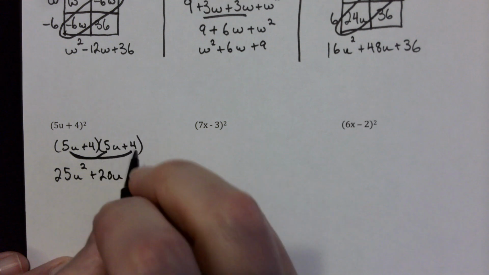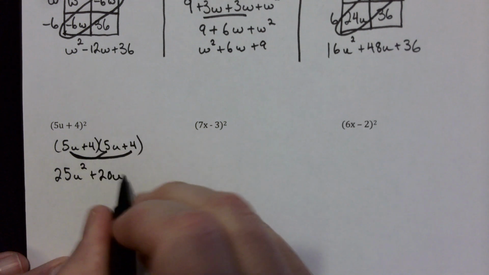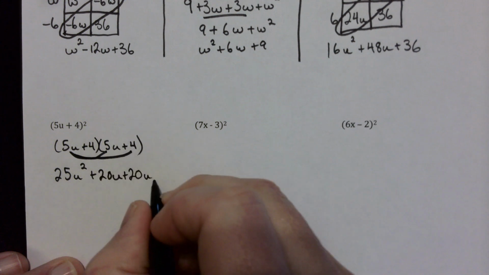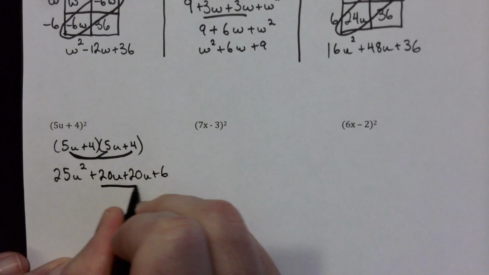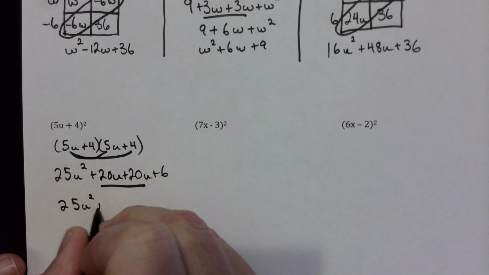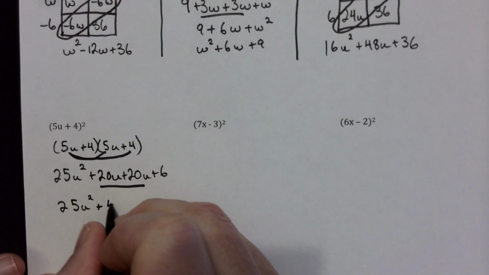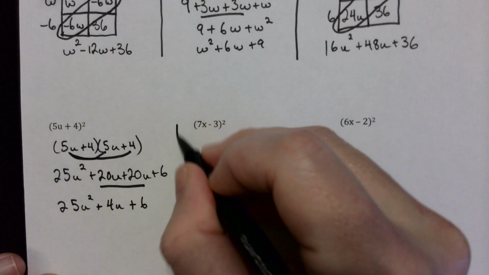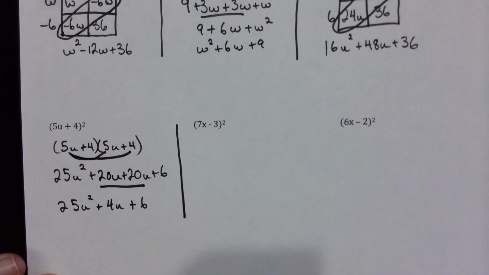This one, we have 4 times 5u, that would be 20u. And then 4 times 4 is 16. So I'll combine these two inner terms. I'll get 25u squared plus 40u plus 16.